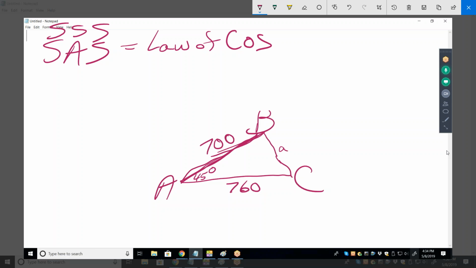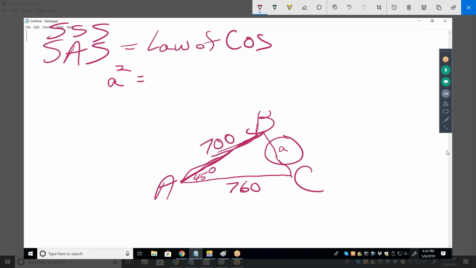Okay. So, how am I going to solve this using cosine? I suggest starting everything with little a. Little a squared is equal to what?